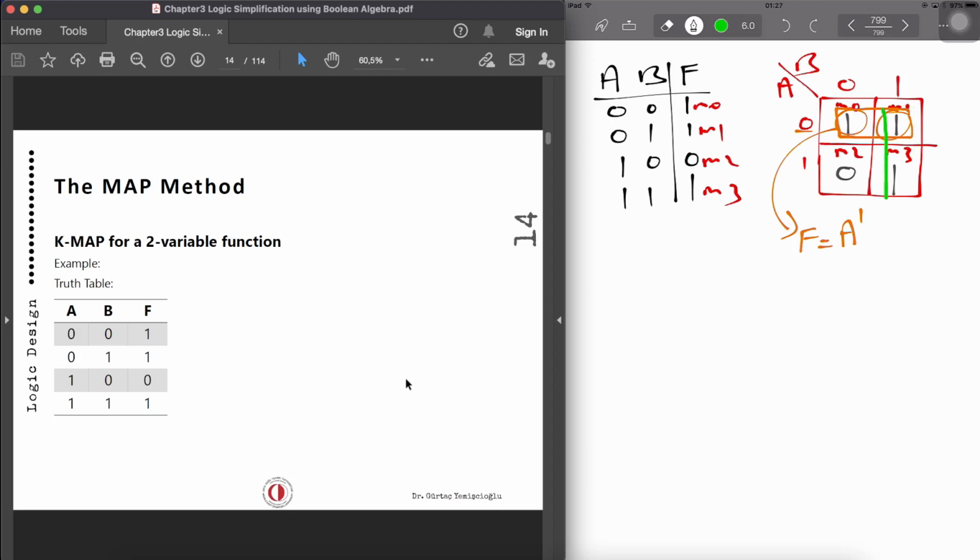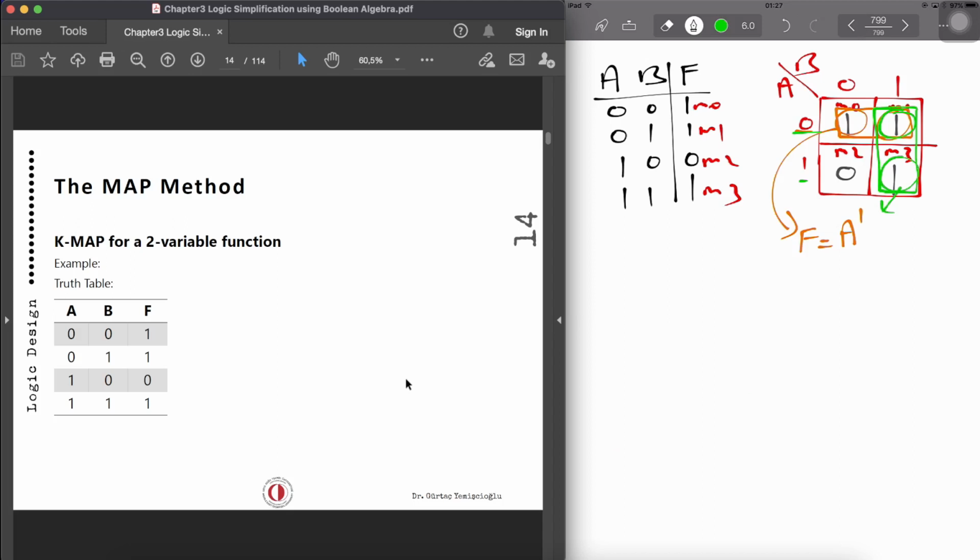Rather than having an individual combination, as this is going to give you more literals, I can combine with the other one. So I will do those. So this will be 2. If I have more combinations, if I can make it 4, I'll go for 4. Now, I have to read this green one. When I look at A, it is first 0, but then changes to 1, or it can be 1 to 0.